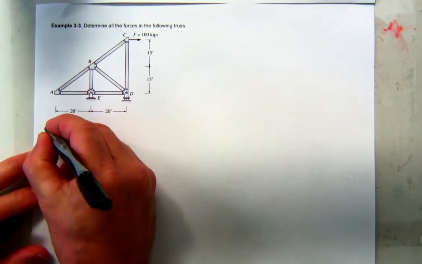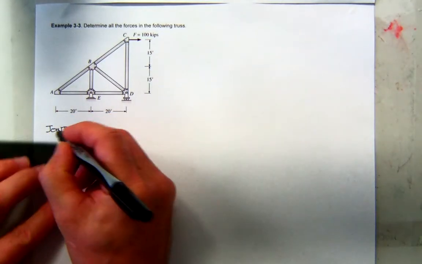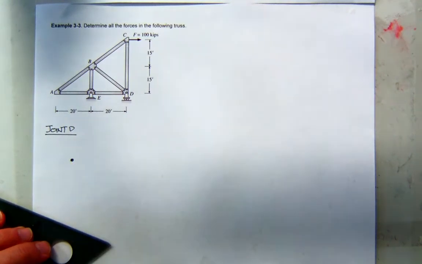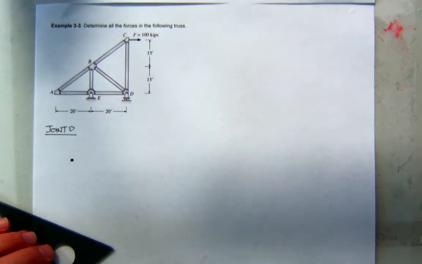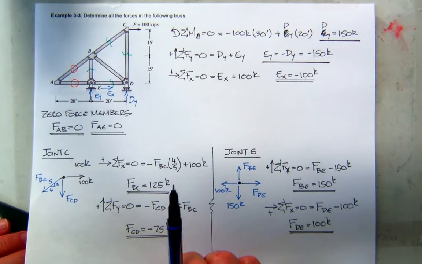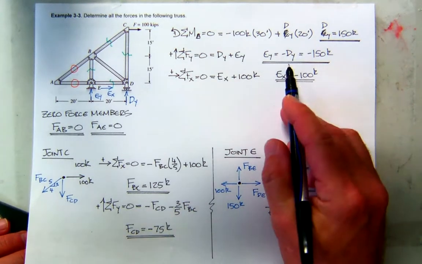So I flip this over, and let's do the joint at D. So here is D. Now I do have a reaction there, DY. Let's see, DY was minus 150, right? Is that right? No, DY was positive 150.